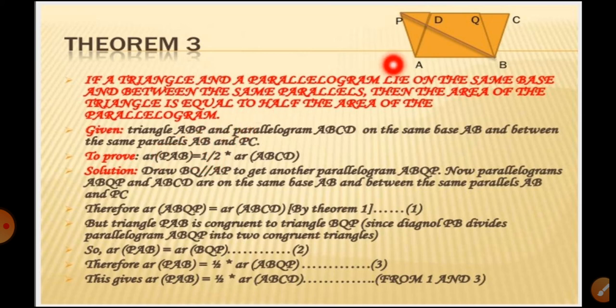Given triangle ABP and parallelogram ABCD on the same base AB and between the same parallels AB and PC. We have to prove that area of PAB or APB is half the area of ABCD.